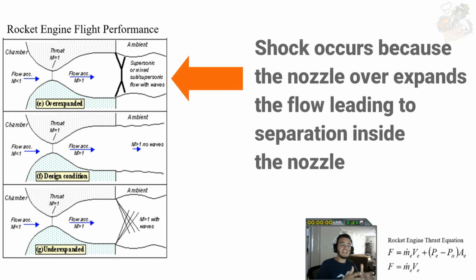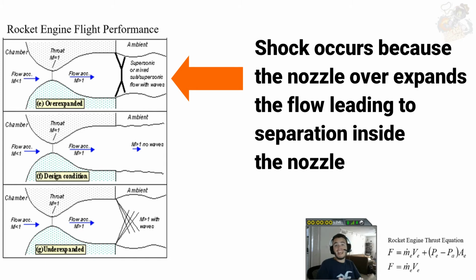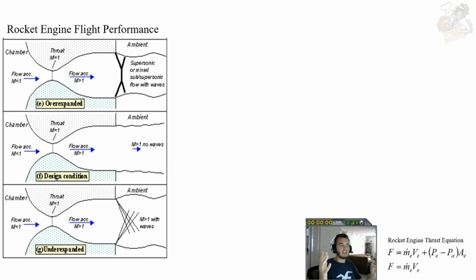It's called overexpanded flow because a rocket engine nozzle is taking our combustion products, our hot expanding gases, and expanding them past the point of reaching atmospheric pressure. Remember, the whole point of a rocket engine nozzle is to isentropically expand the gases to reach your ambient conditions. However, in this case, our ambient pressure, our atmospheric pressure, is larger than what our expanding gases inside of our nozzle are achieving.